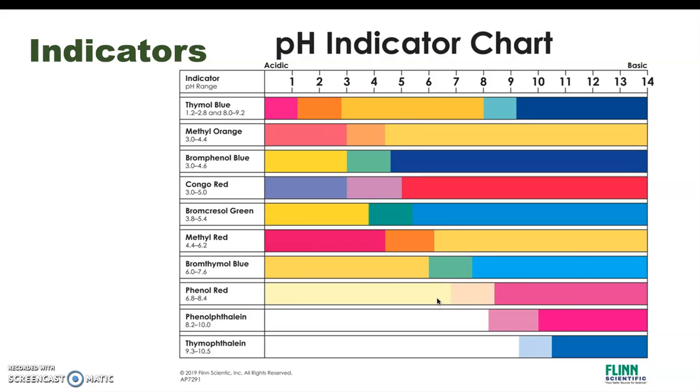Now, the next thing I'm going to quickly show you is a list of different indicators. You'll see on top you've got a pH chart, 1 through 14, acidic and basic. Now let's find phenolphthalein. You can see it actually transitions between a pH of 8.2 and 10.0. That's why when we do the titrations with phenolphthalein, notice here's a pH of 7.